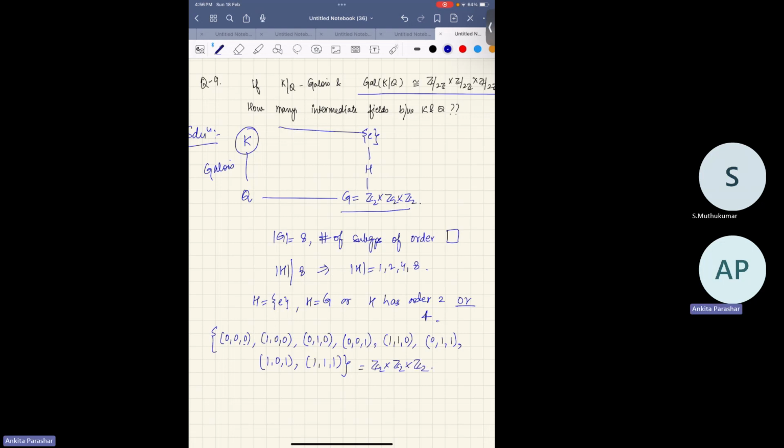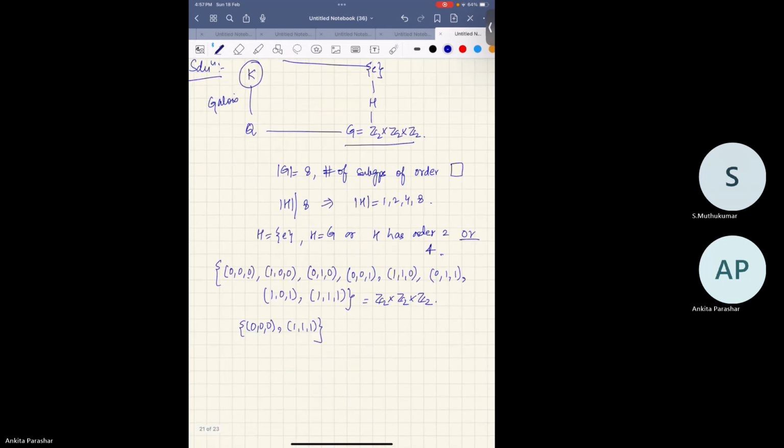Look at their orders. Can you see the order of each element? 0,0,0 and 1,1,1 is a subgroup. Okay, it is one subgroup. This has order 2, right? Any other?